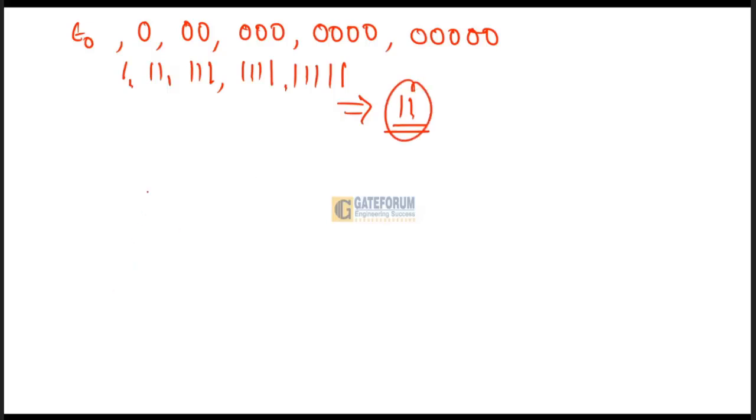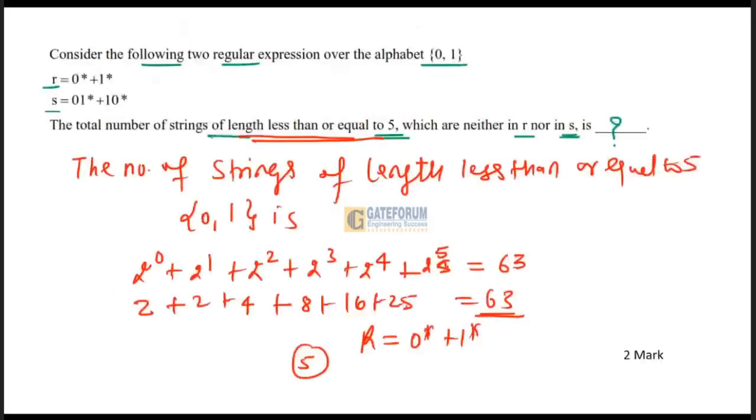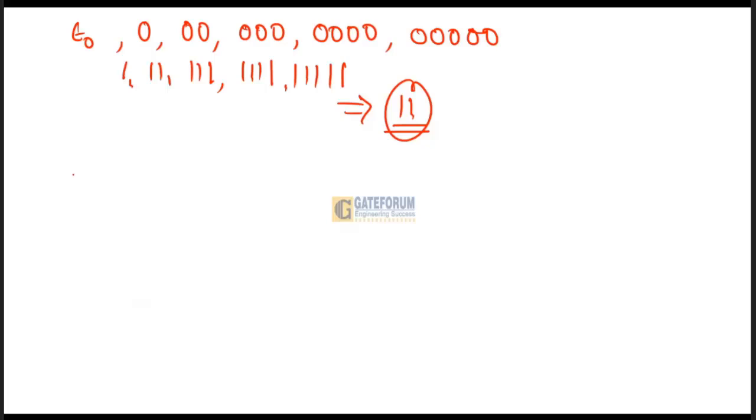After that, the next expression is also given, because this part we have solved using this, which is given in the question. Now we need to consider S equal to 0 1 star plus 1 0 star. So using this S, how many strings can be generated whose length is less than or equal to 5, right? So for that we need to make strings.